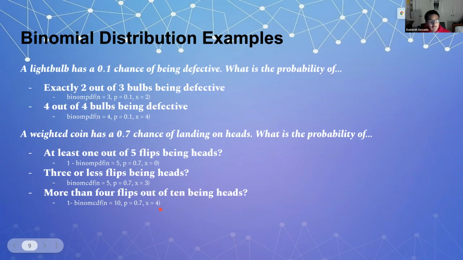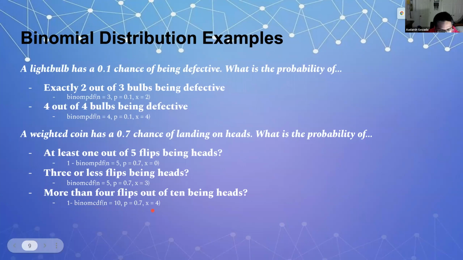And then we want more than 4 flips, so that's not including 4. So we could add up the probability of 5, 6, 7, 8, 9, 10. Or we could find the probability of it being 4 or less, and then find the probability of that not happening.